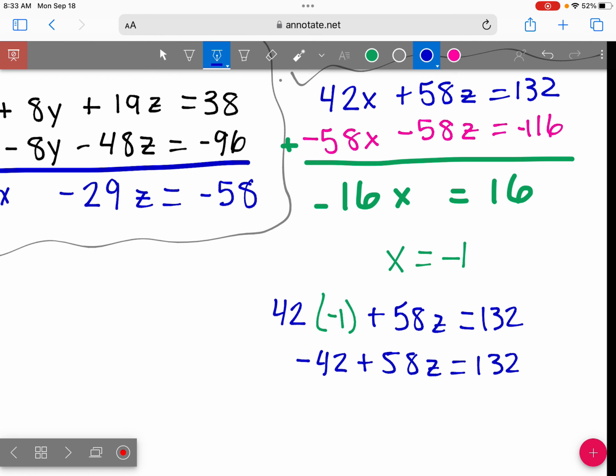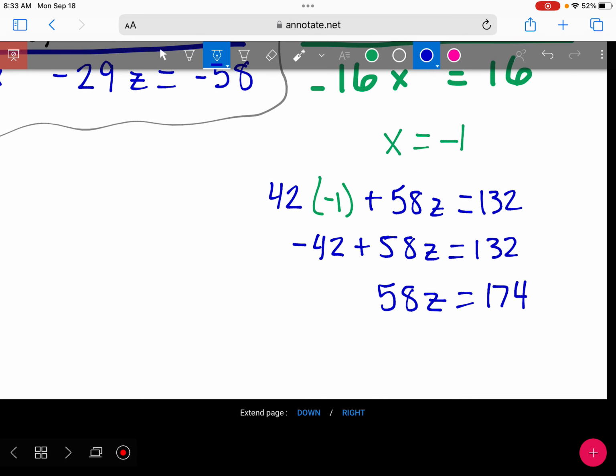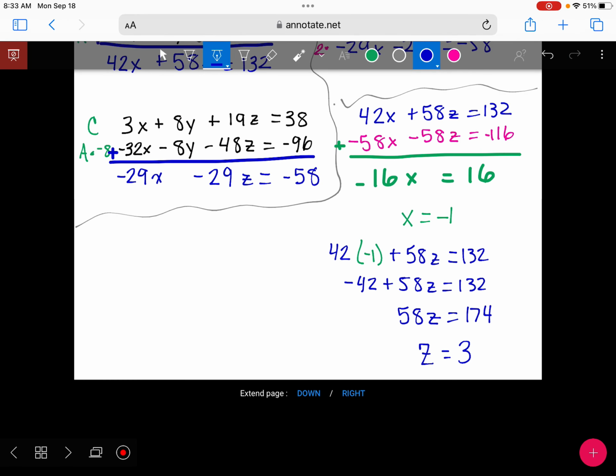And we add 42 to both sides to get that 58z equals 174. And we're going to use our calculator to find out that z equals what? 3. Well, now I know x, and now I know z.